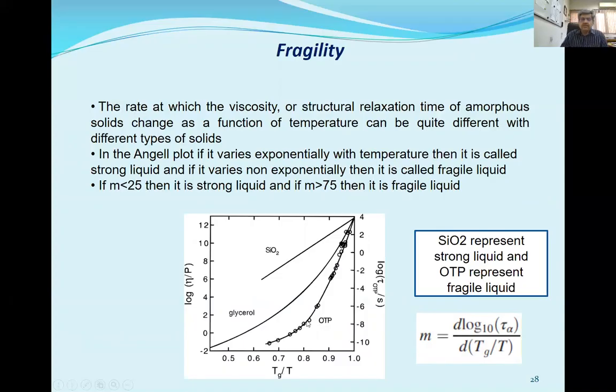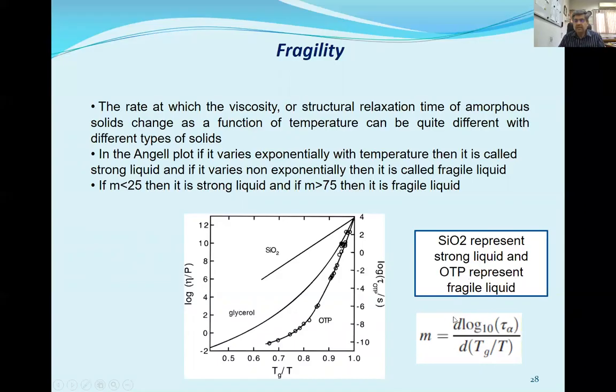Just for your information, all the pharmaceutical glasses or all the amorphous pharmaceuticals usually behave somewhere around this behavior, and they are fragile liquids. So they are not strong liquids, they are rather fragile liquids. SiO2 represents a strong liquid while OTP represents a fragile liquid.